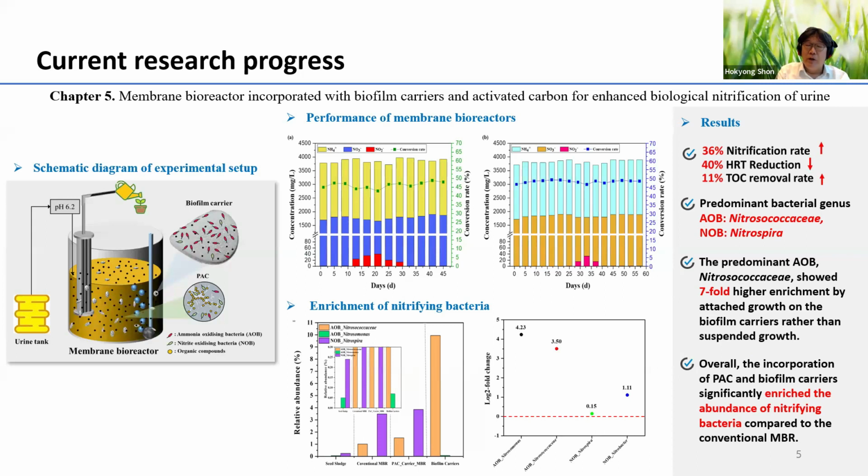So do you believe if we inoculate these bacteria in your system, given the inhibition factor of retention time because of nitrite to nitrate conversion, more of these bacteria would be required in your system to reduce the HRT? If you add more Nitrospira, do you think you can improve your reactor system together with AOB, Nitrosococcus?